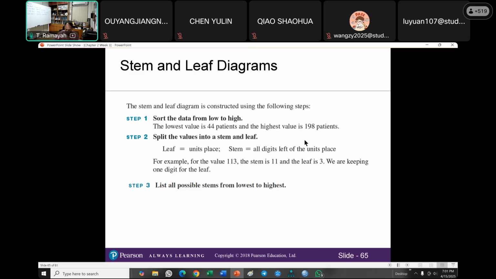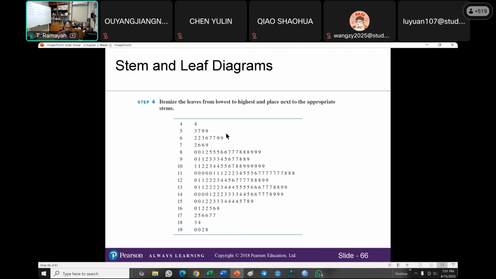We sort them first, and just now we were saying 44, right? 4 is the stem, and the leaf is 4. So we have only 144 in the whole data set. We have 153, 157, and 259 in the data set.